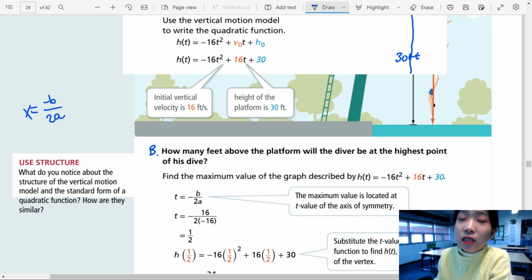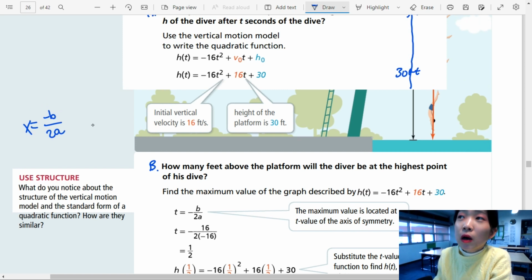In this case, you have a form where your a is negative 16 and your b is your initial vertical velocity. So your vertical velocity is 16, your b is 16, and your a is negative 16. So if you plug that into your equation, instead of x, we're using t. So you have t is equal to negative b over 2a. Plug it in, you'll get positive 1 over 2.